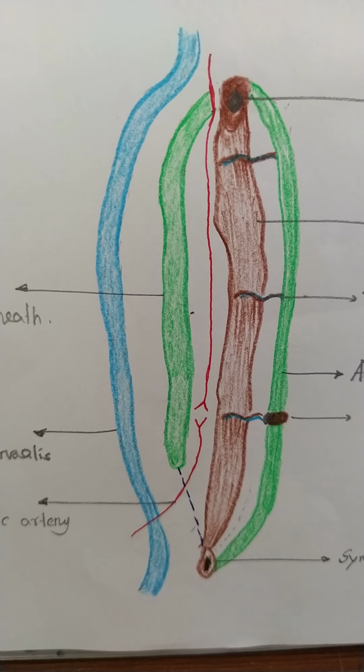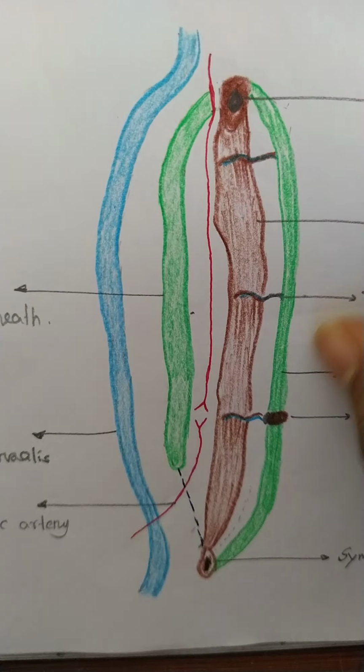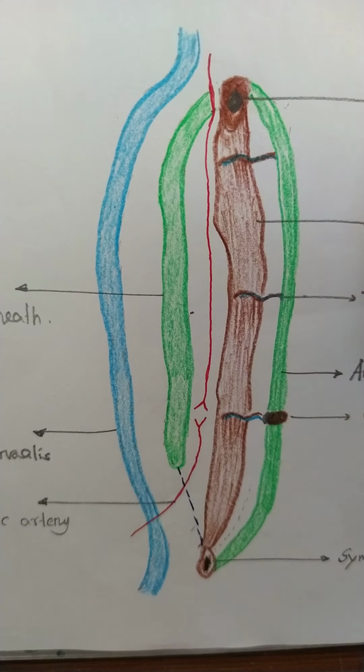The superficial epigastric artery is a branch of the femoral artery. The inferior epigastric artery is a branch of the external iliac artery, and the superficial epigastric artery is a branch of the femoral artery. Then the teacher will ask you, what are the other branches of the femoral artery?